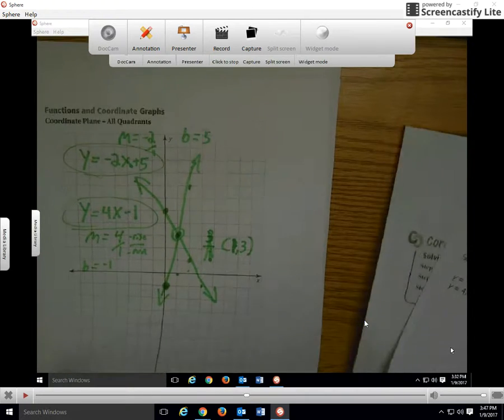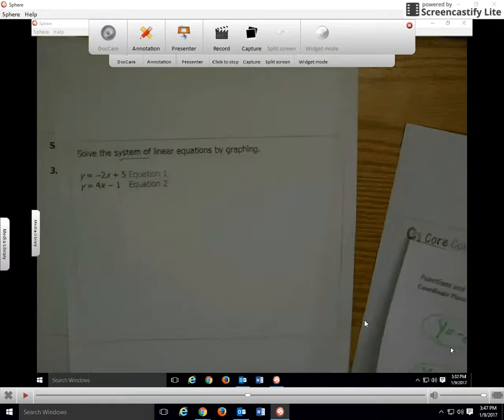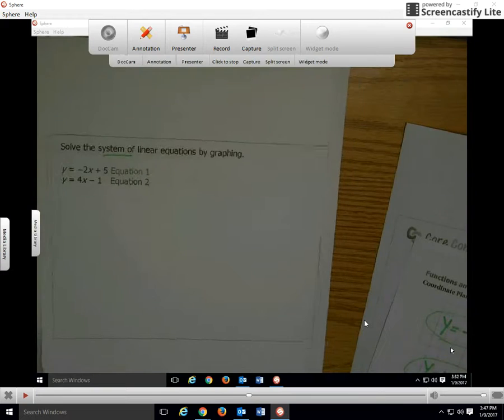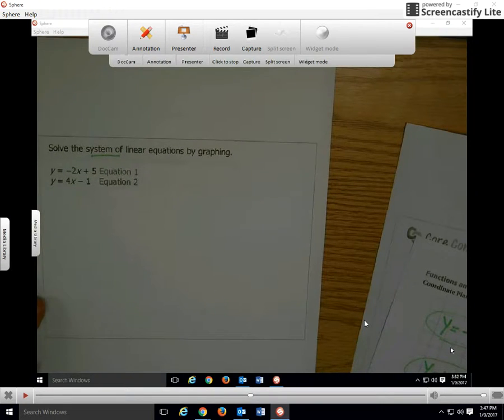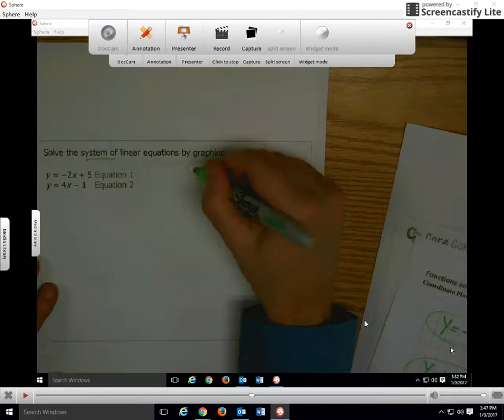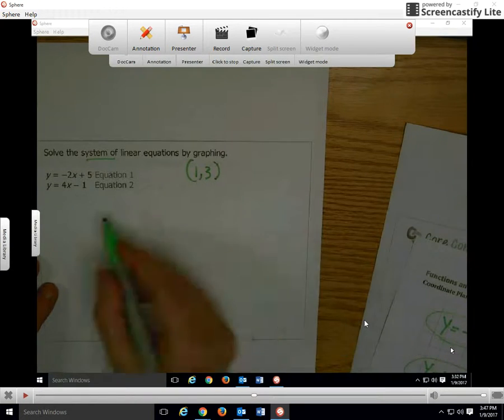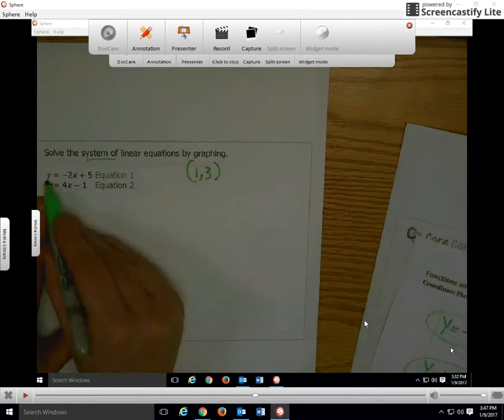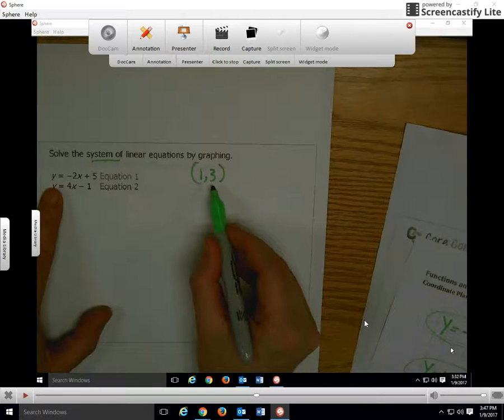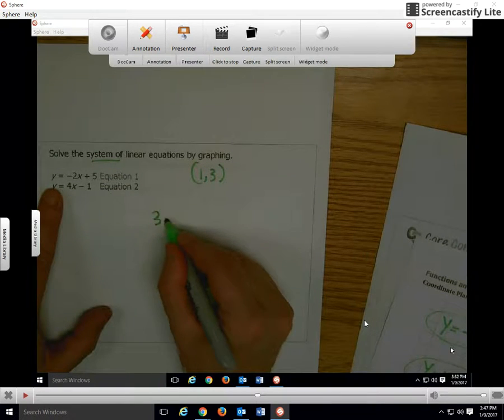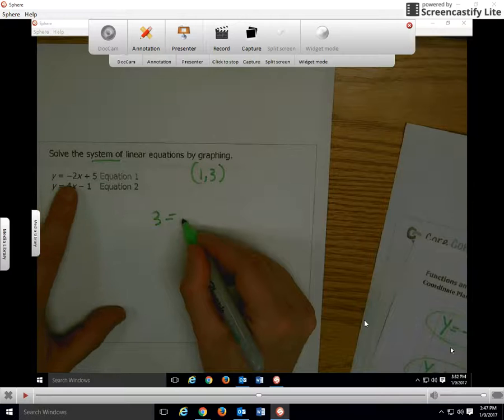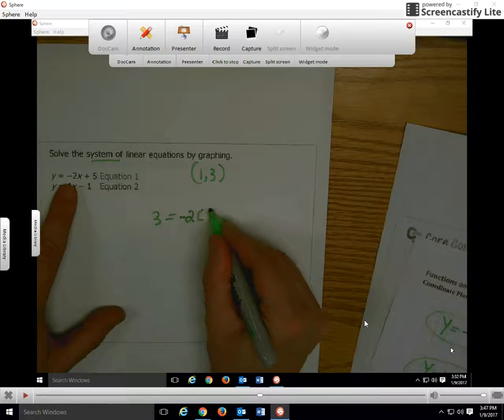So let's go back to that first question, and we'll write it in. So we're saying by graphing that we think 1 and 3 is the answer. Well, let's rewrite this and find out. Instead of a y, I can put a 3. A negative 2, but instead of an x, I'm going to place a 1.